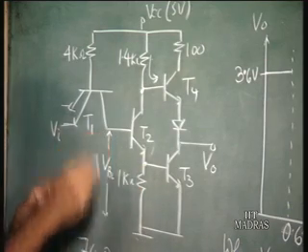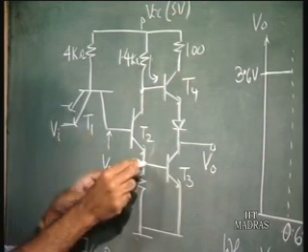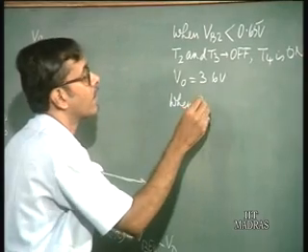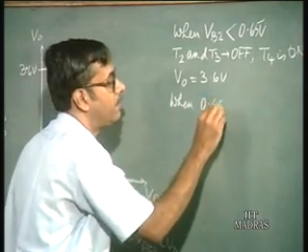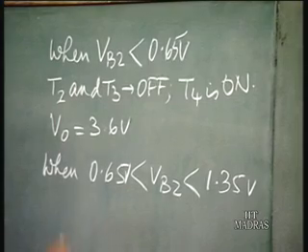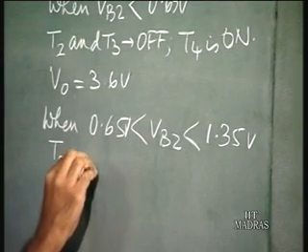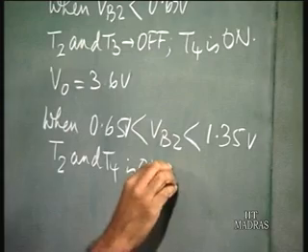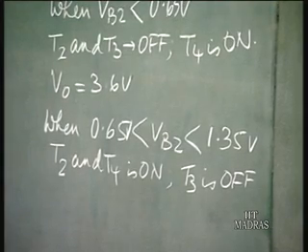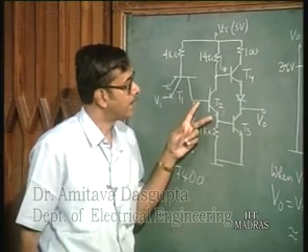Then we can say that when VB2 is 1.35 volts, because this is 0.7 and at the base of T3 is 0.65, I can write here, when VB2 lies between 0.65 and 1.35 volts, T2 and T4 are on, T3 is off. So in this range, what is the output voltage?